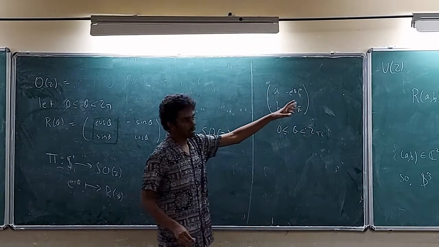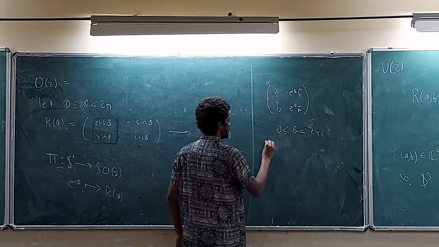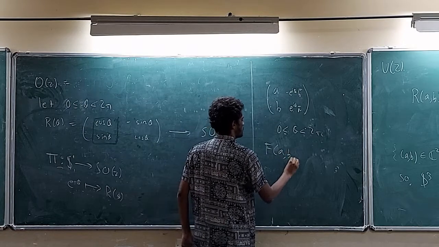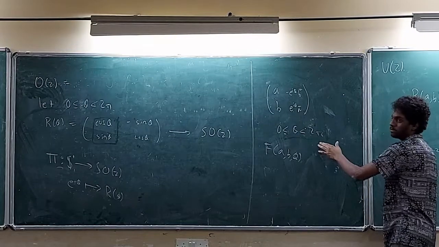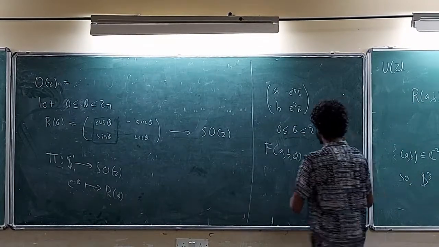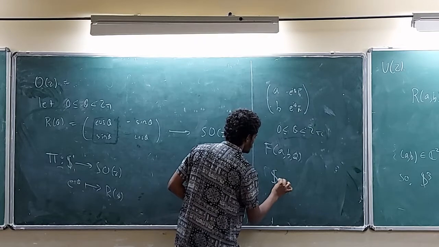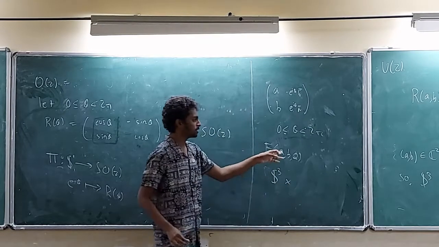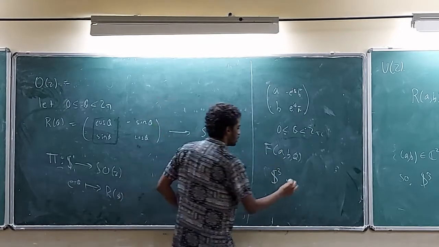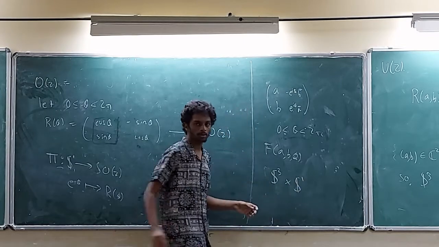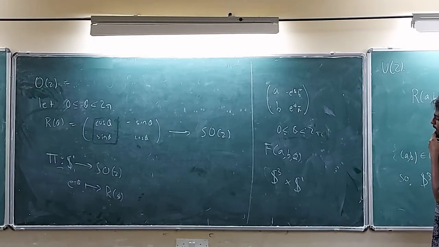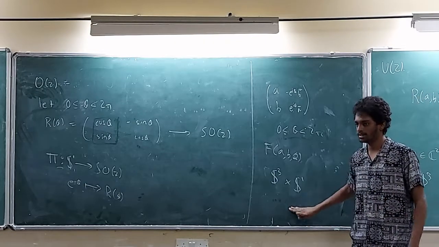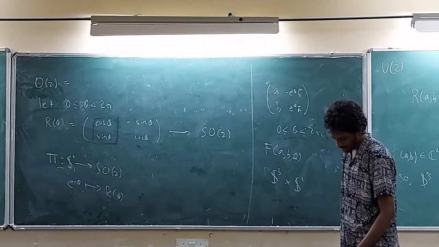So in fact all matrices in U2 can be parameterized by some f(a, b, θ). And since we have a spectrum of θ over here, U2 is actually going to be S³ cross whatever space can parameterize this θ, which is S¹, with the product of it. And in fact, these maps should give that U2 is the semi-direct product of S³ and S¹.